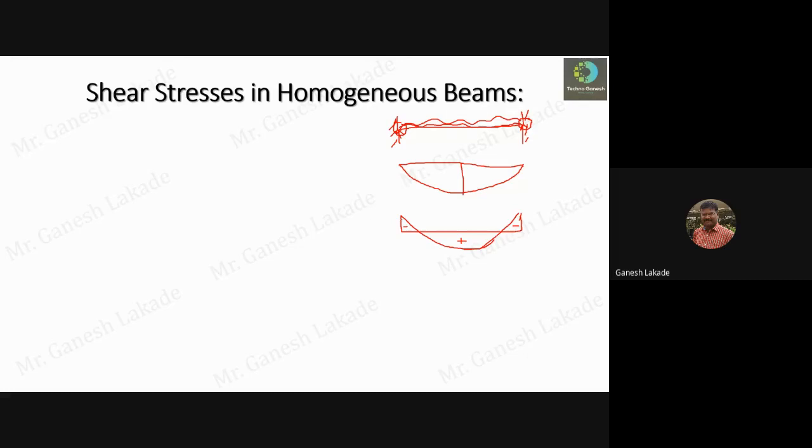Normally this kind of condition will occur in the beams we provide in practice, because particularly in RCC structures, the beams we construct are monolithically constructed.